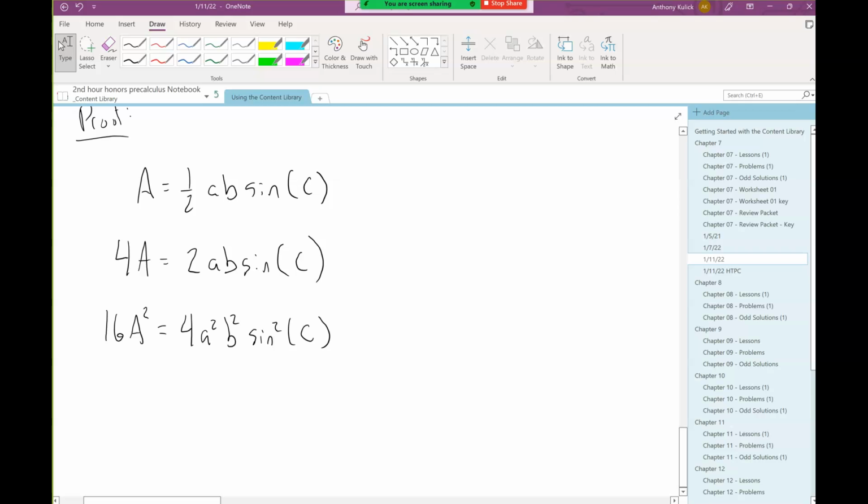I just multiplied both sides by 4 as my first step. This is the proof. So this is how we end up changing from this formula to that Heron's formula that we just saw before. So this is not something I'd expect you to repeat, right? This is just me showing you, like, you just gave me this whacked out looking formula. Where the heck is this coming from? We're just kind of showing you where it came from.